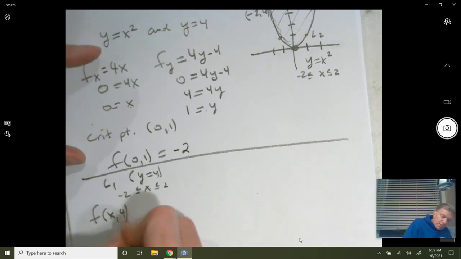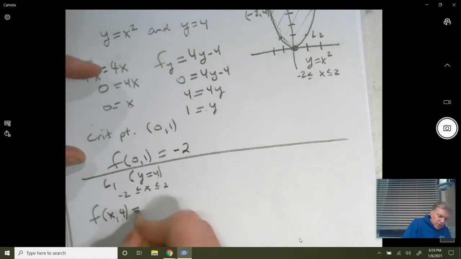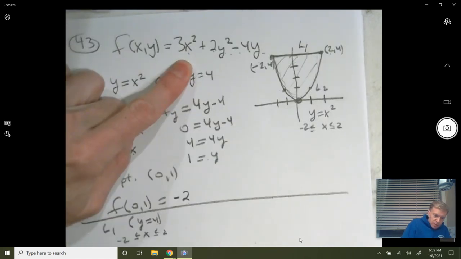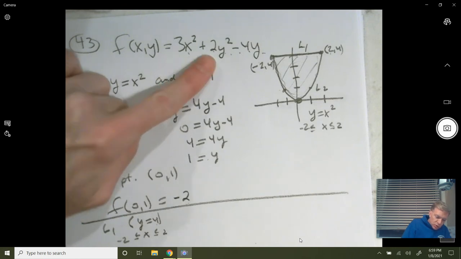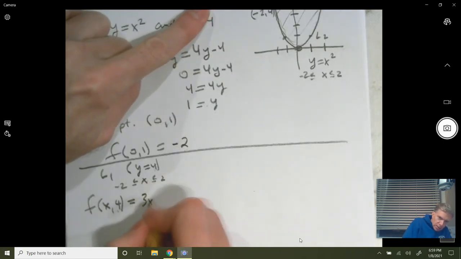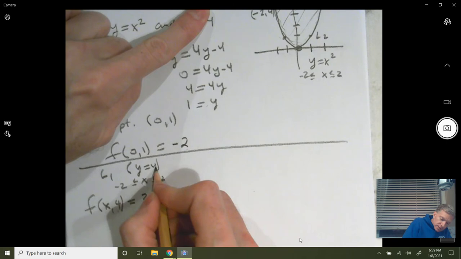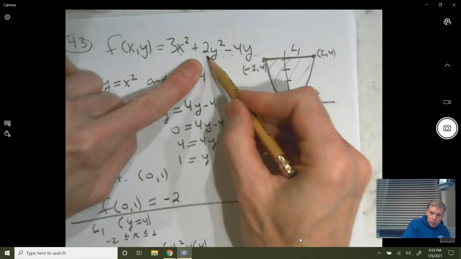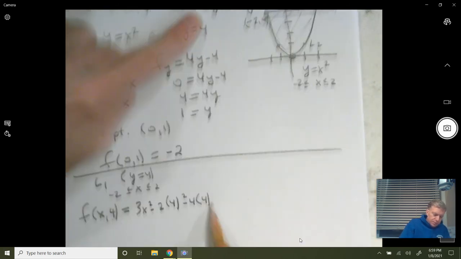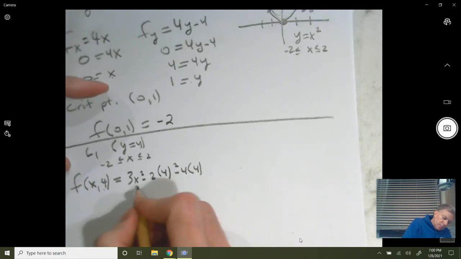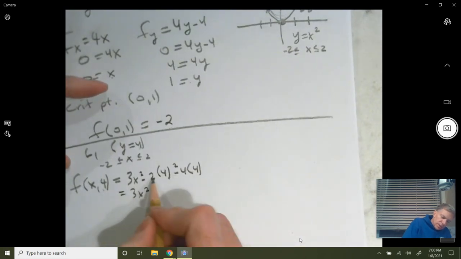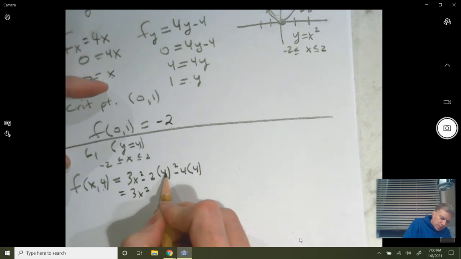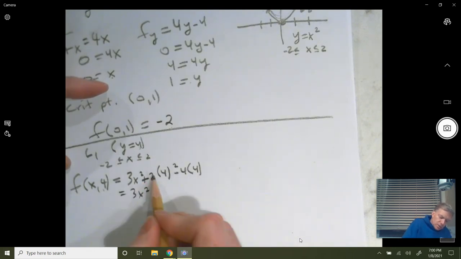Plugging this into our function, 3x squared plus 2 times y squared minus 4 times y, with y constant at 4: 3x squared, minus 2 times 16 minus 30, oh, I'm sorry, this should have been a plus. So plus 32 minus 16, which gives you plus 16.